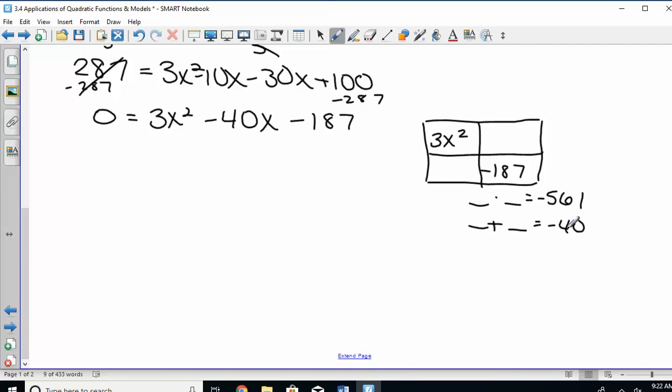It does work. 33 and 17. They have to be different signs though, because we need a negative. Everybody should be trying. You shouldn't just be looking at me.